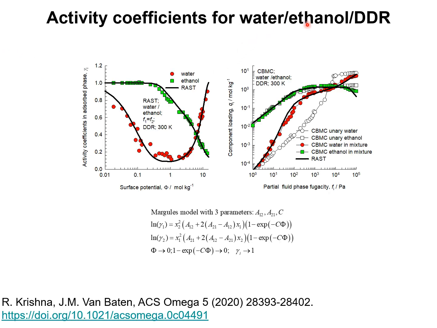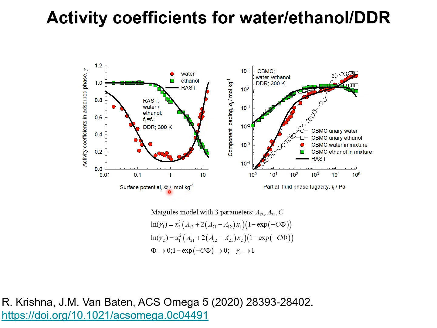For water-ethanol mixture adsorption in DDR zeolite, the CBMC data for mixture adsorption can be used to determine the activity coefficients gamma 1 and gamma 2 for water and ethanol. These are plotted in this graph as a function of the surface potential phi.